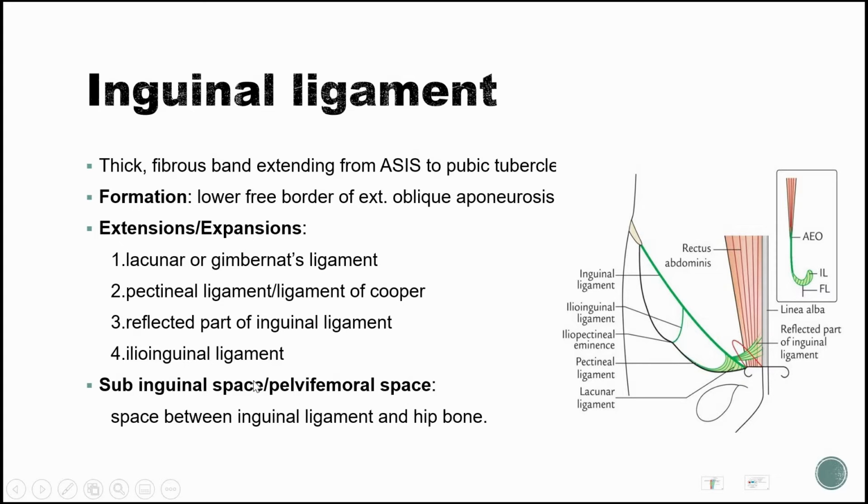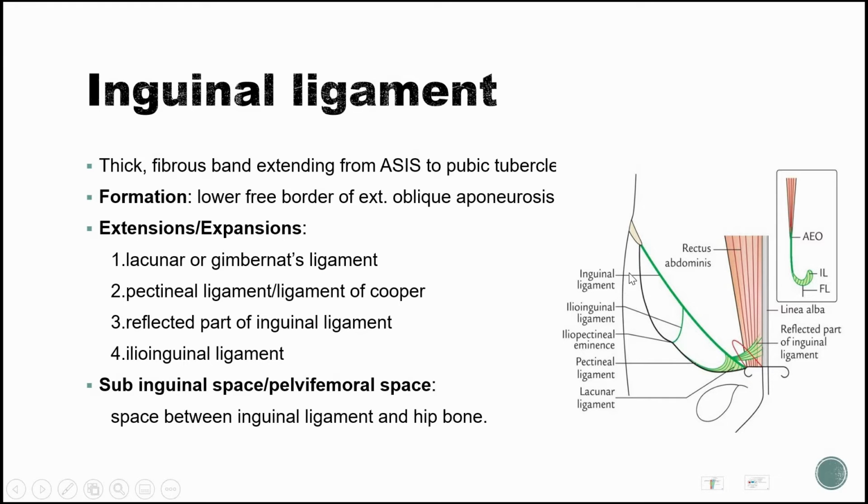We also have something called the subinguinal space or the pelvifemoral space. This space is between the inguinal ligament and the hip bone, and it is divided into 2 parts: a large lateral part, the one over here, and a small medial part, the one over here.